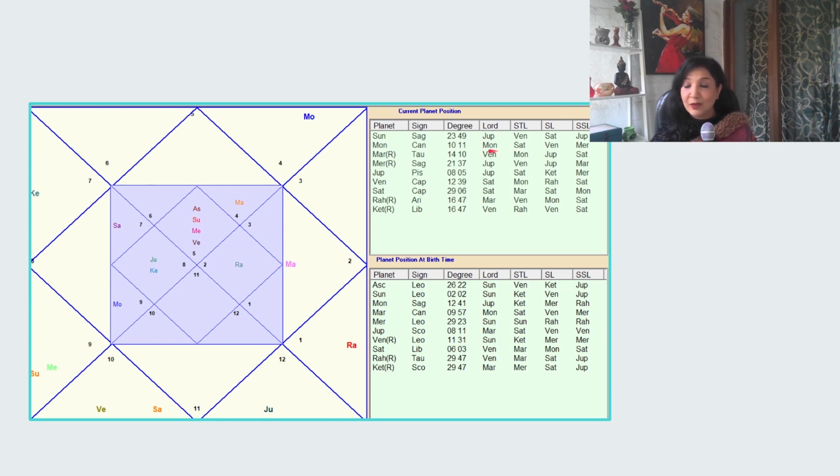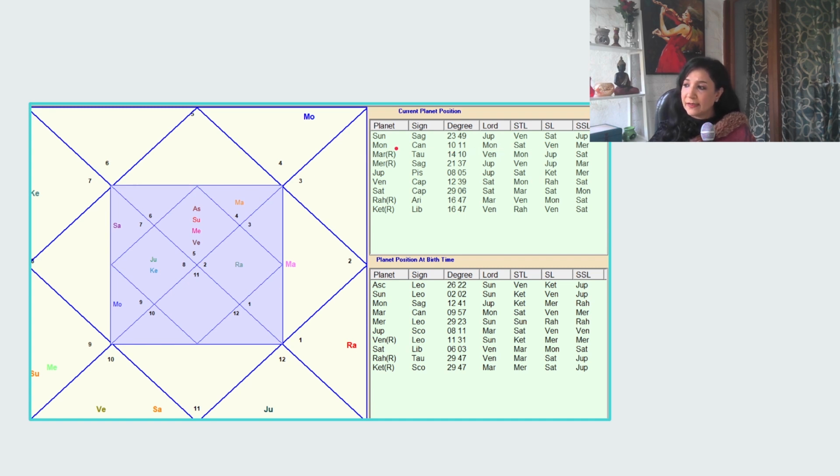Today, the moon is in Cancer sign. Okay, Saturn star and Venus sublord. This you have to note down. Whenever you see this video, note down the moon sign, moon star, and then sublord.